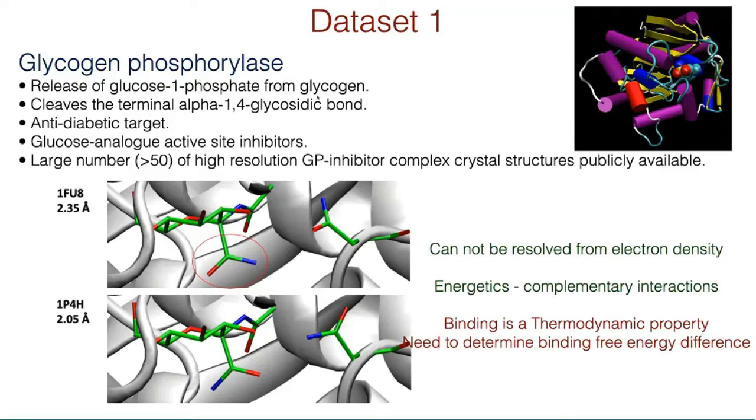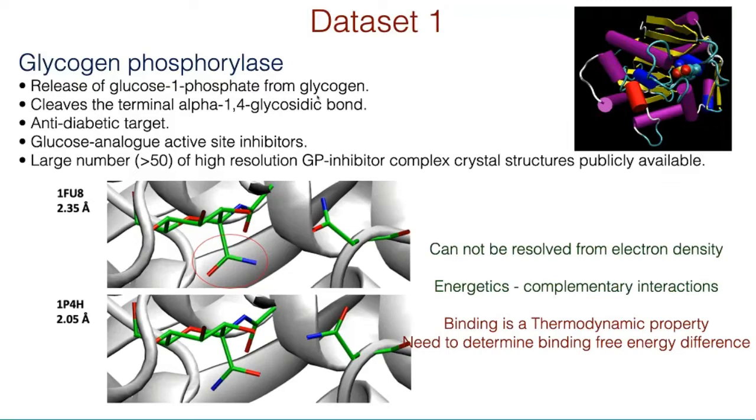And those two interactions are complementary, because when I flip the amide on my ligand, the amide group on the protein is also flipped. So there are complementary hydrogen bonds in both structures. But one of them has to be what we call thermodynamically more stable. So what we decided to do was calculate the binding free energy between these two states and see which one is the most stable structure and if there are any implications.